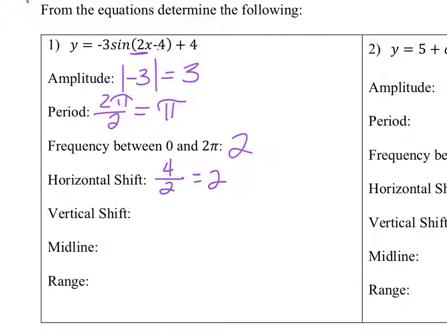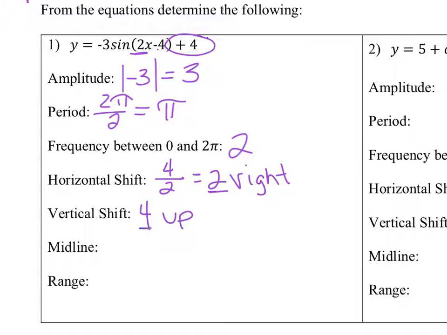All right, so when it's an outie, you have to do that dividing. Vertical shift, well, that's your D, so that would be up 4. I guess technically this one, horizontal shift, would be to the right. My right and my left are not my strong suit. So that's 2 to the right. This is 4 up.